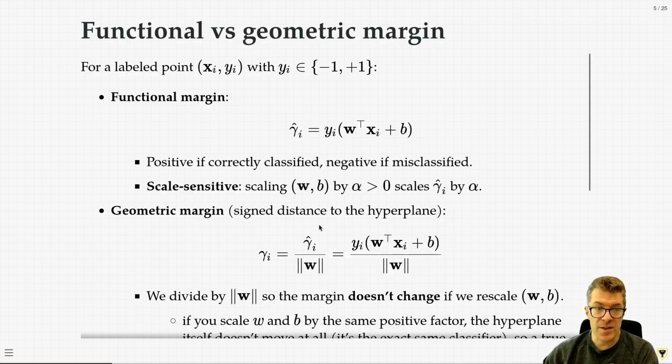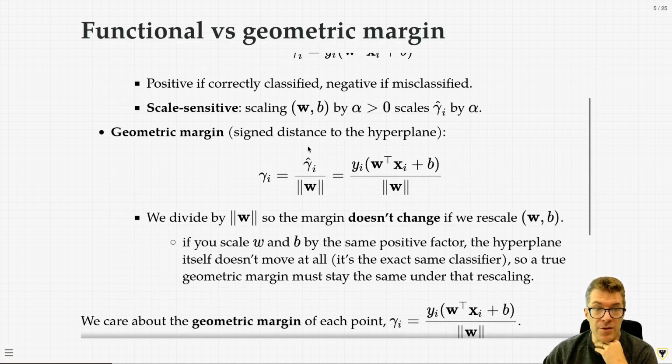And it's going to be scale sensitive. If you scale our parameters w and b by some amount alpha, this will also scale gamma hat by alpha. You can see that if you multiply w and b by some alpha, that alpha pops out of this parentheses, and it will change gamma hat by an amount alpha also.